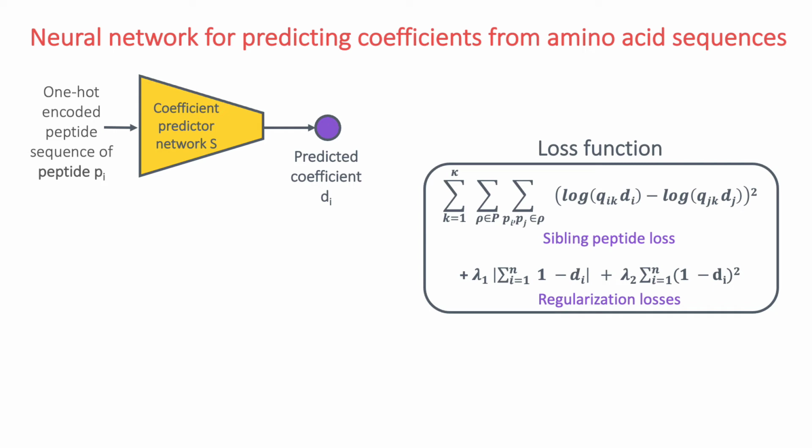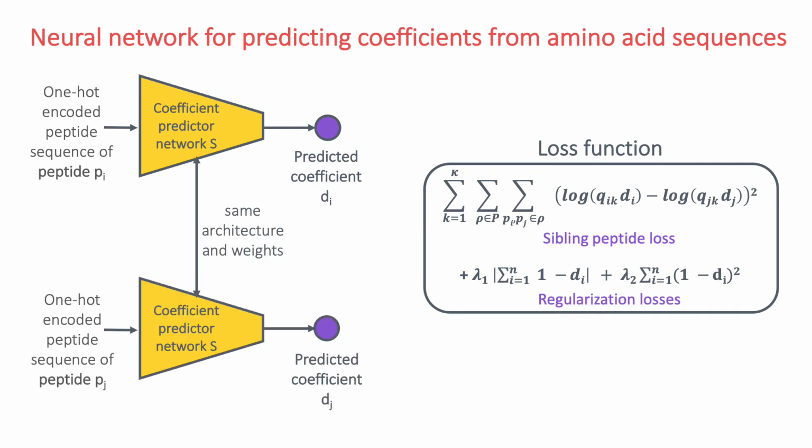So to solve this problem, we adopt a Siamese architecture. What this means is that we have two copies of this coefficient predictor network S with the exact same architecture and weights. And each arm of this network takes a peptide sequence and outputs a coefficient.